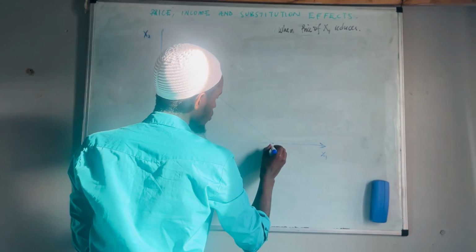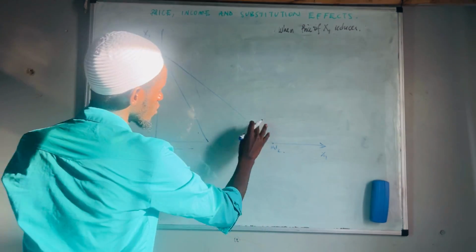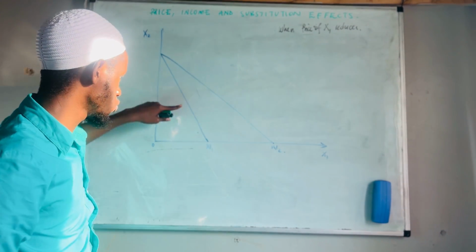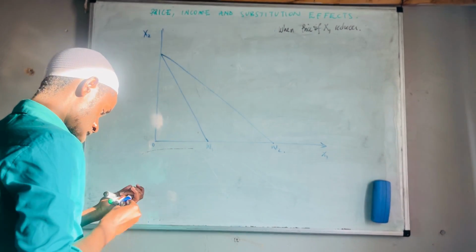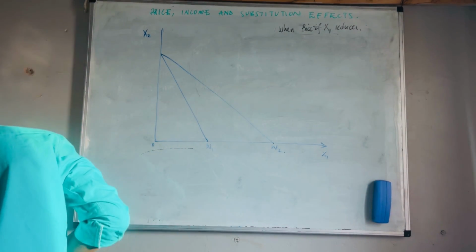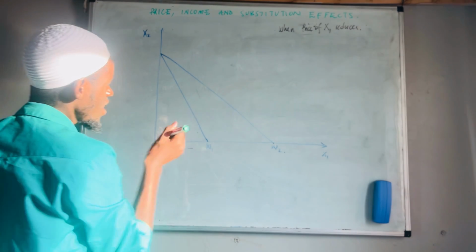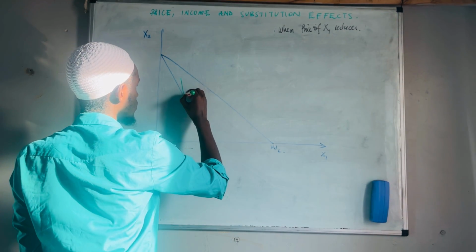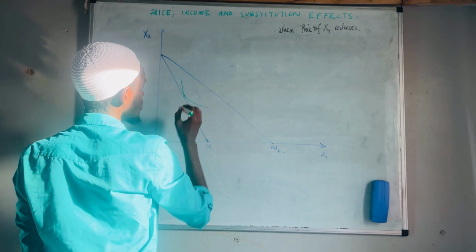Yes, to W2. This shows a change in income. Originally I was here consuming some quantities of X1 and X2, at this point here.